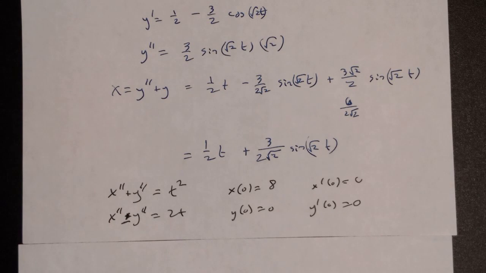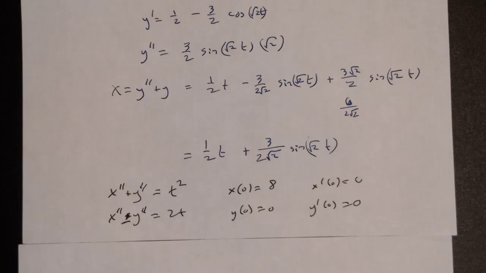X double prime plus y double prime equals t squared. X double prime minus y double prime equals 2t. Now, I know what happens is we get into the habit of saying, nope, I'm going to do the Laplace transform. That's what this whole section is about. Do the Laplace transform.